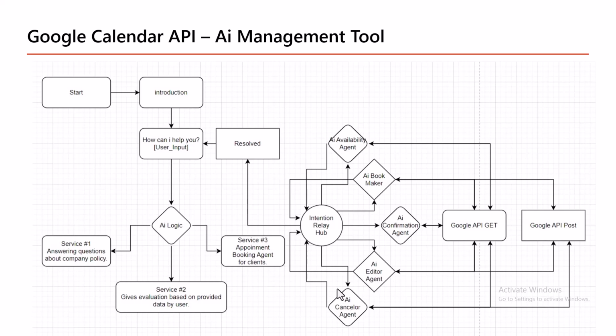Once the AI establishes the intention of the user, it activates one of these modules that will be in charge with the task of acquiring all the data necessary from the user in order to be able to access the Google API, both the request and the post.